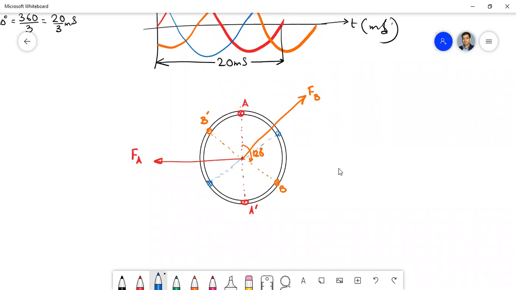So toward A dash. Is it so? In fact, towards B, near to B and A dash. So that should be always perpendicular to the line I am drawing by dotted line. So it will be in this direction. So that will be FC.